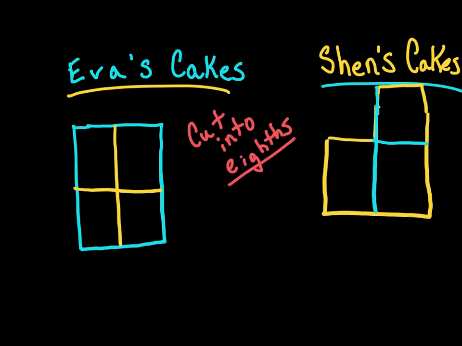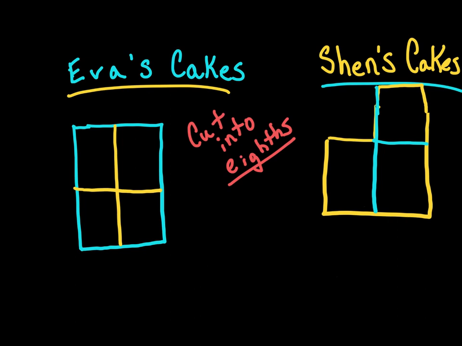This picture represents how much cake Eva and Shen have left after sharing their cakes with their families. What do you notice? Well, I notice that the cake that's left has been cut up into 8s.